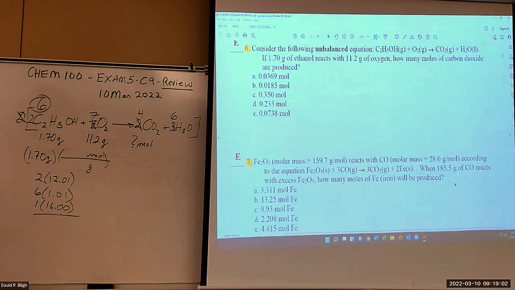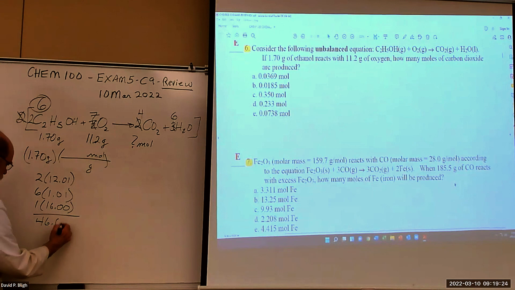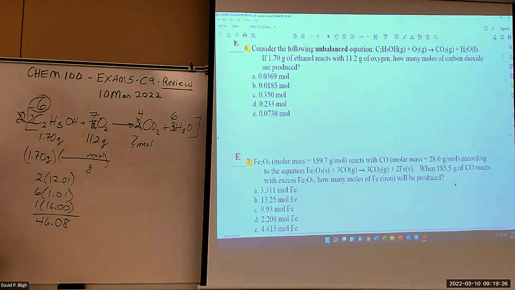So now we can have 6.06, 16, and I get 46.08.